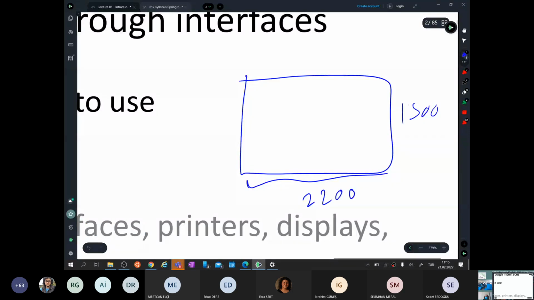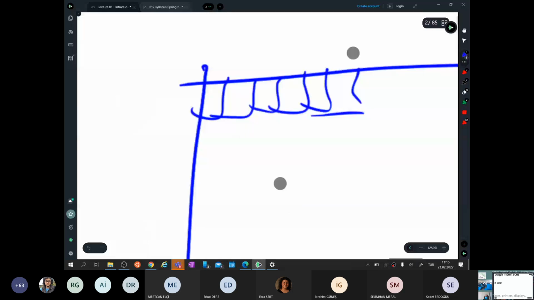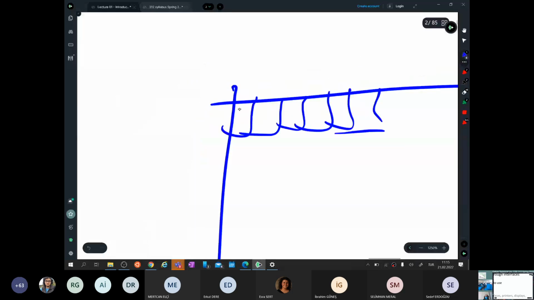Each one is a pixel. For each pixel I have the red, green and blue values, RGB. If my R value is very high and G and B values are very low, then that's a red pixel. So I see a red dot in there. My screen is made up of these kinds of matrix values.